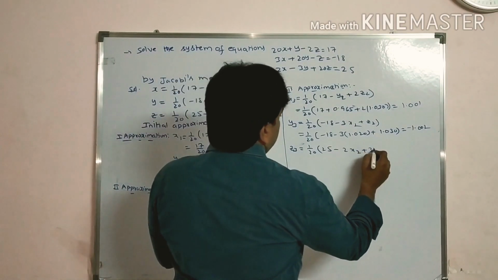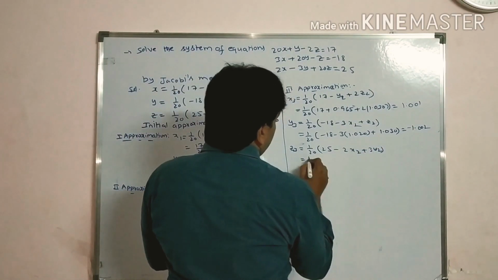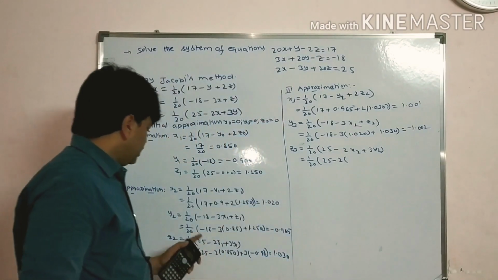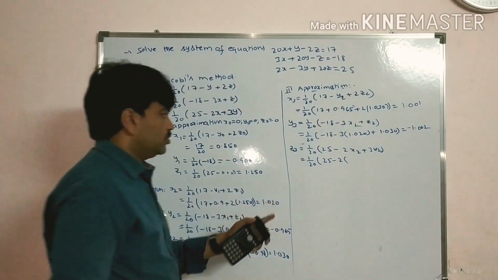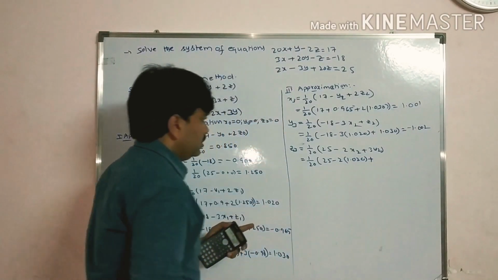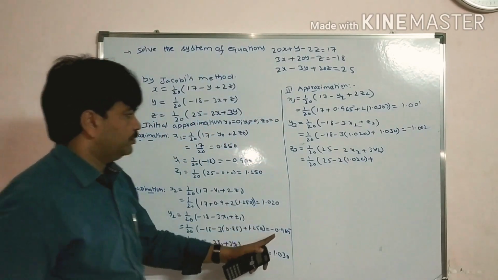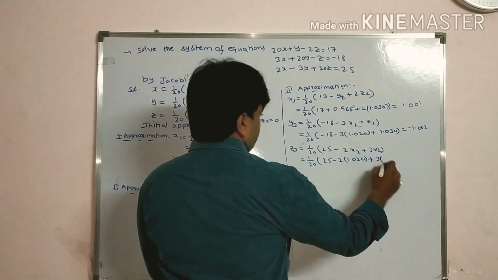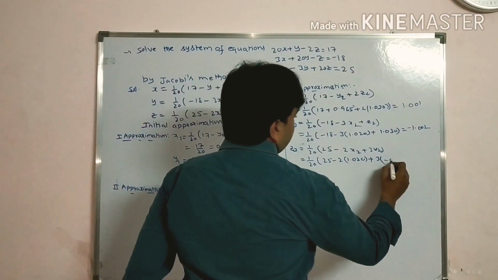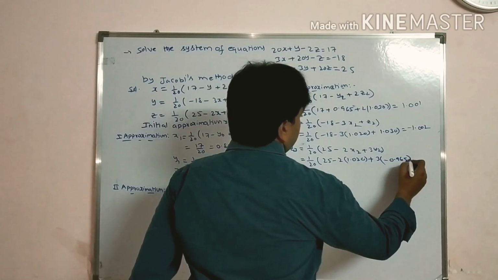So that is equal to 1 by 20, 25 minus 2 into the x2 value, 1.020, plus 3 into the y2 value, minus 0.965, bracket close.